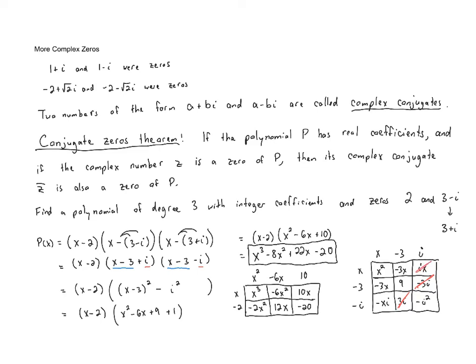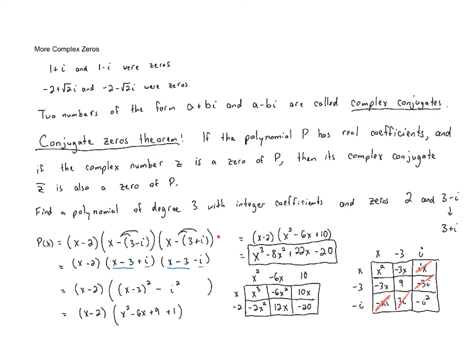The ix and negative ix cancel, and so we get x squared minus 6x plus 9 minus i squared, and so that's the same as we have over here, x squared minus 6x plus 9, and that minus i squared becomes a plus 1, and we get the same answer in the long run.